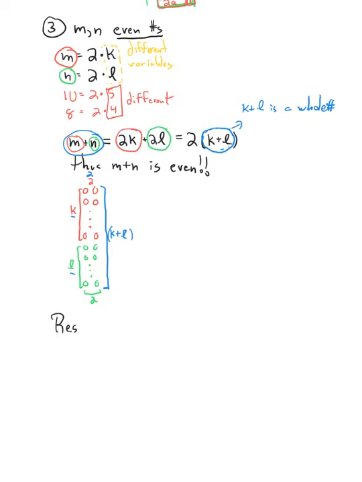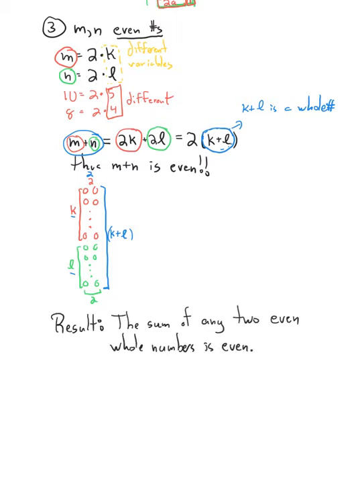So the result that we've showed is that the sum of any two even whole numbers is even. So that's great.